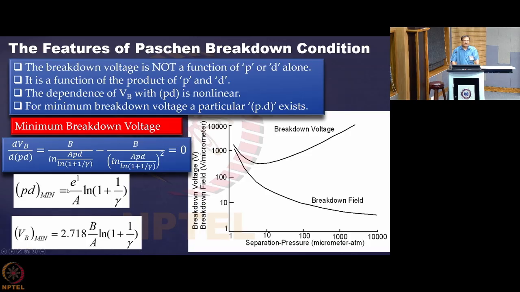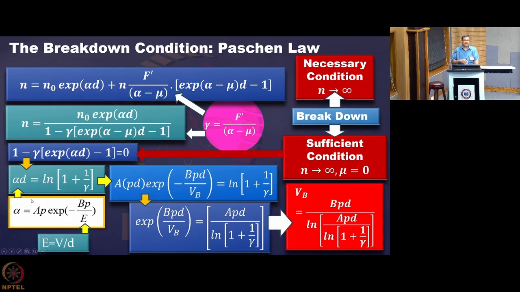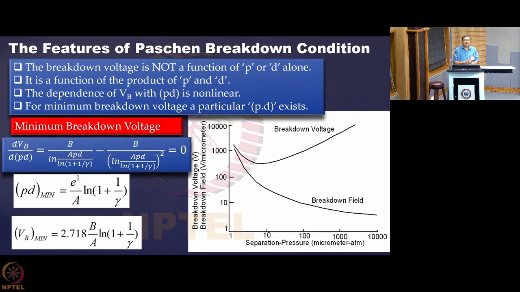So you are able to find a relationship between the breakdown voltage and the product of pressure and the discharge gap, and you are able to tell the minimum value of the product PD, and the possible minimum breakdown voltage for a particular gas.